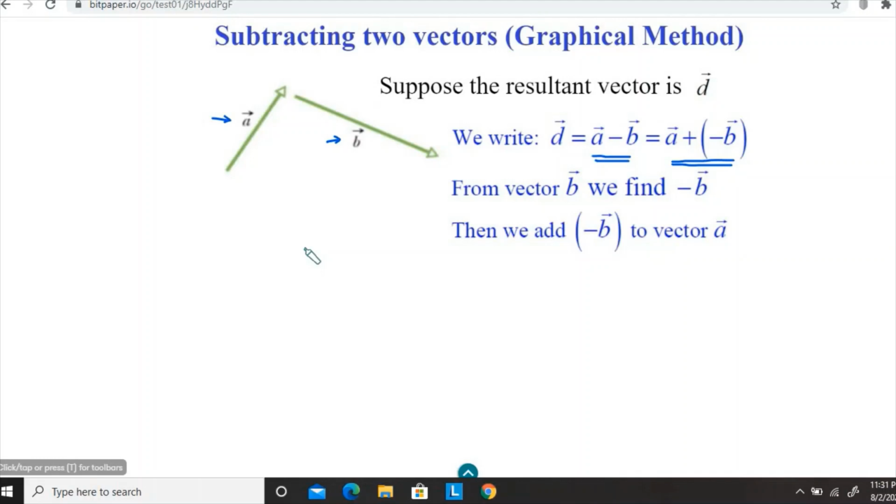So then we'll have negative B vector in this direction. Relative to B vector, its direction is completely reversed. Now what you're going to do is slide vector A such that its head connects with the tail of vector minus B. So like this.